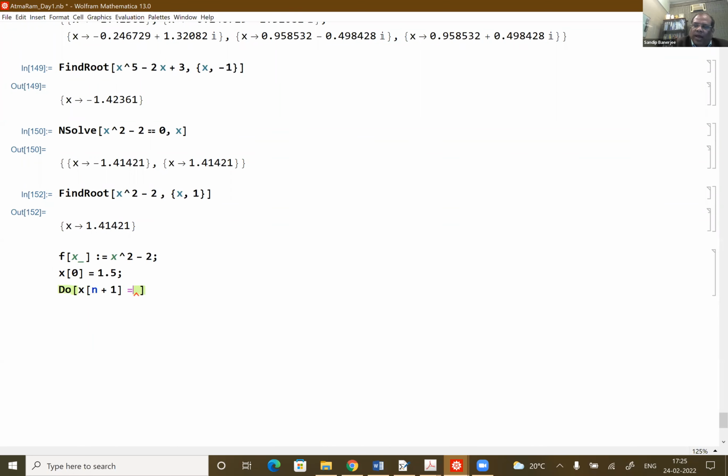That is x(n+1) equal to xn minus f(xn) divided by f dash (xn).